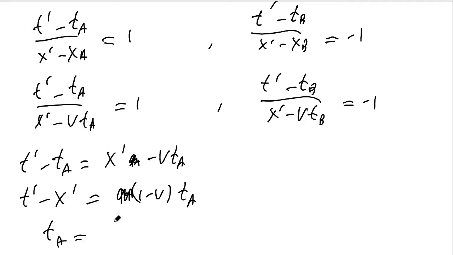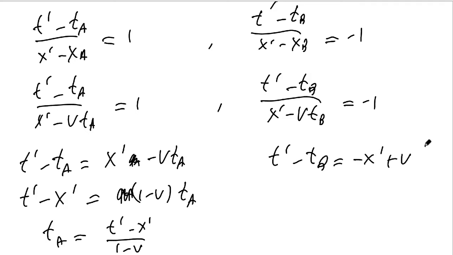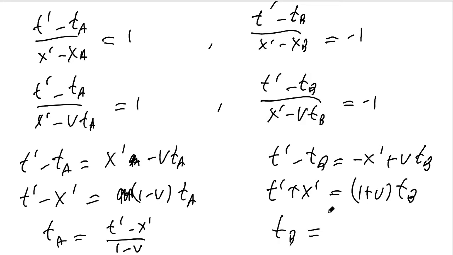So ta is equal to t prime minus x prime divided by 1 minus v. And likewise, for this equation, we have t prime minus tb is equal to minus x prime plus v times tb, or t prime plus x prime is equal to 1 plus v times tb. So that gives us tb equals t prime plus x prime divided by 1 plus v.